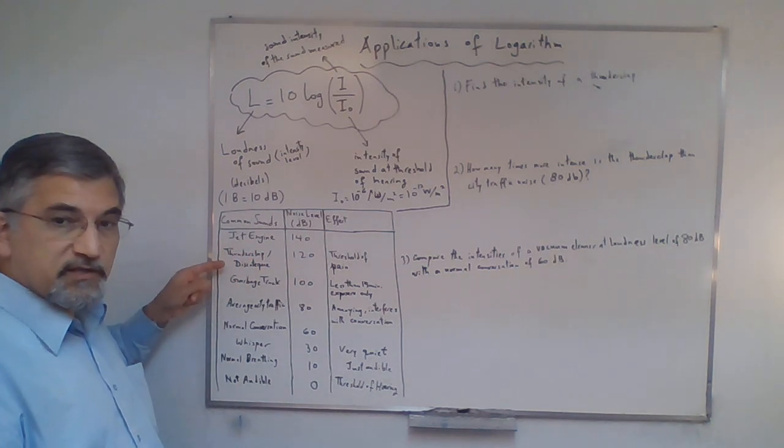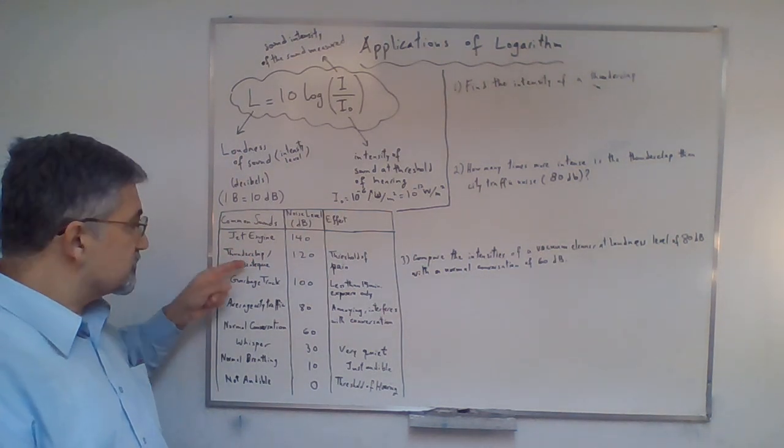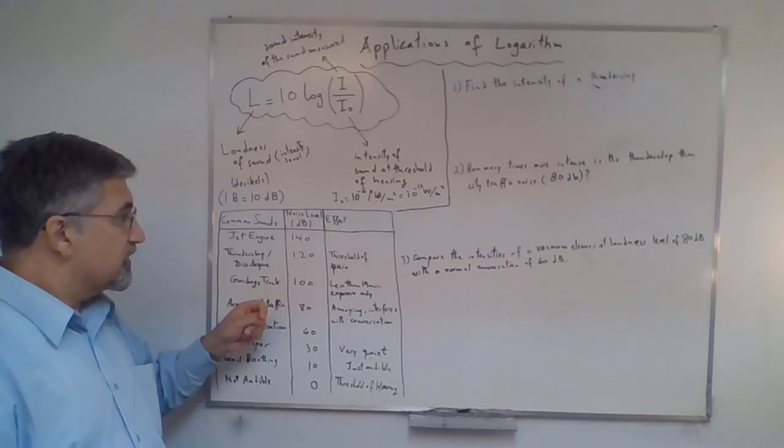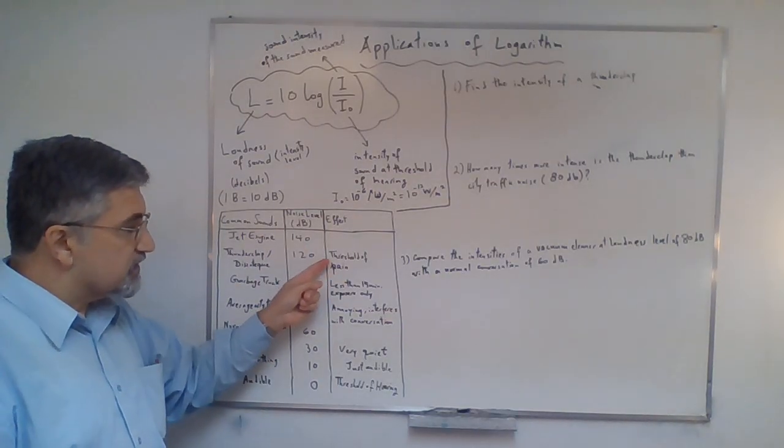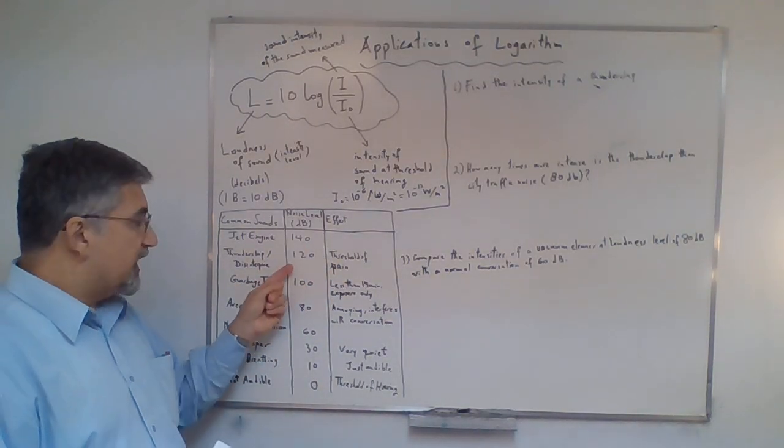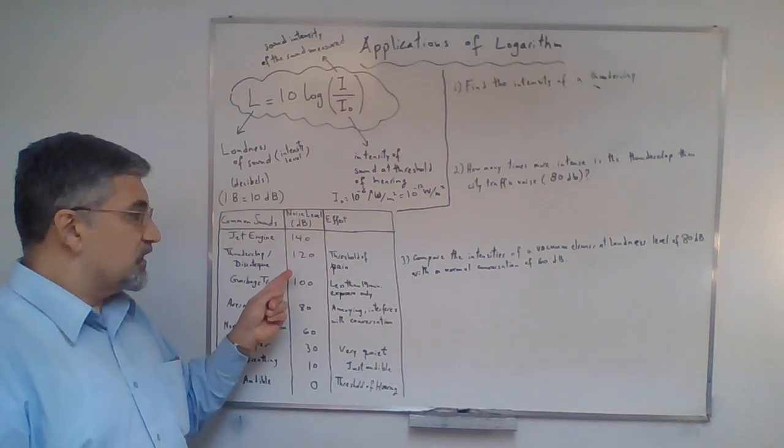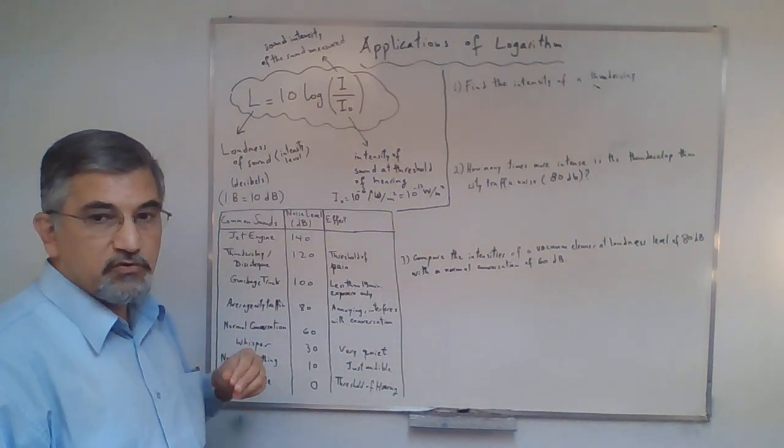Thunderclap or discotheque music, loud music, 120 decibels. And the effect it has is actually threshold of pain. So at 120 decibels, you start feeling the pain in your ears.